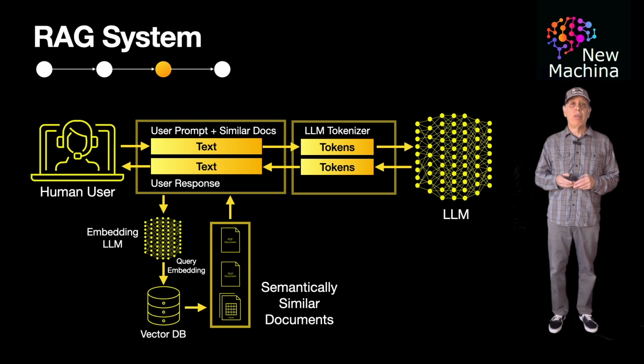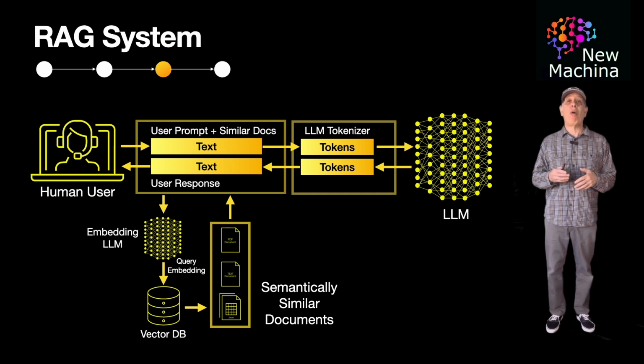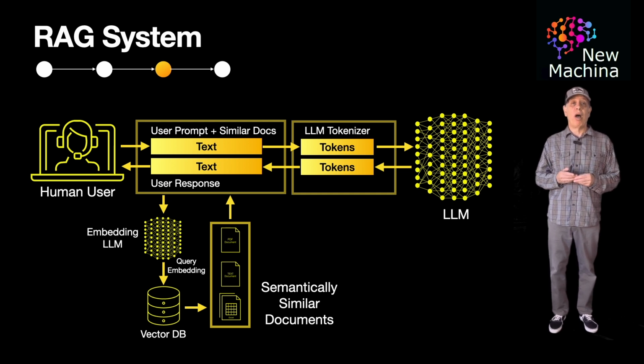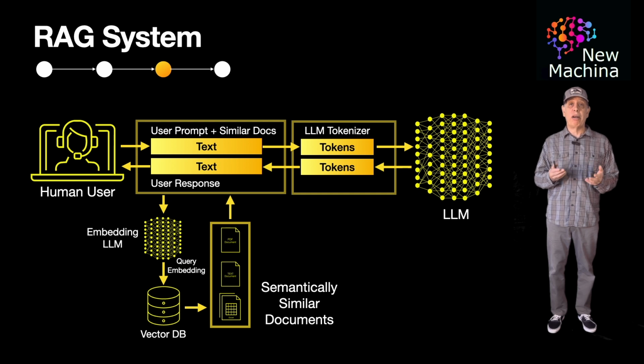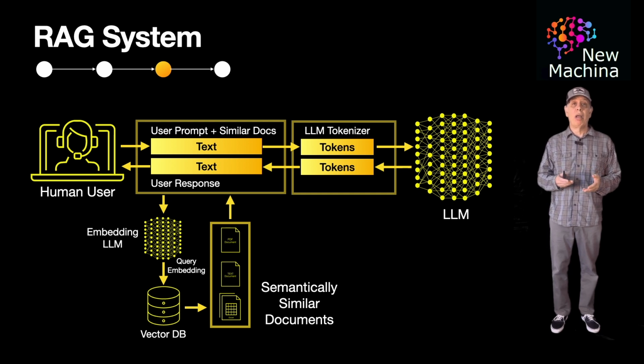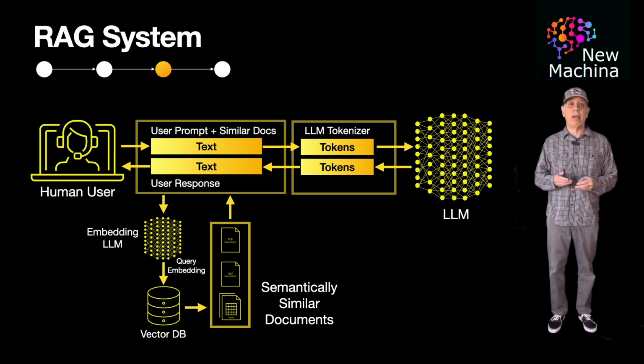In summary, here are the high-level steps in creating a RAG system. Step 1, gather all of your proprietary data. Step 2, create embeddings using this proprietary data. Step 3, store the embeddings in a vector database. Step 4, build your LLM-driven system so that user prompts are submitted to a special embedding LLM which generates a query embedding.